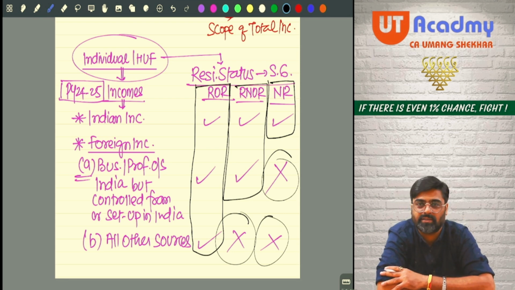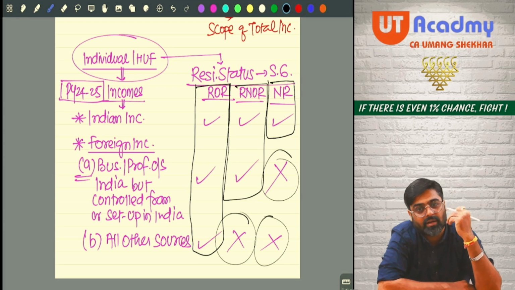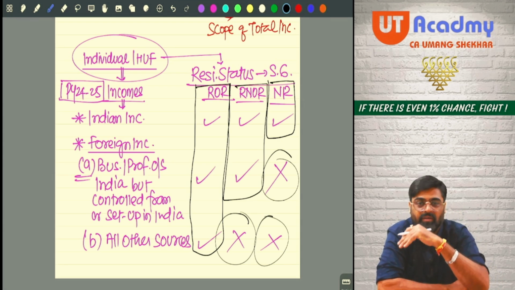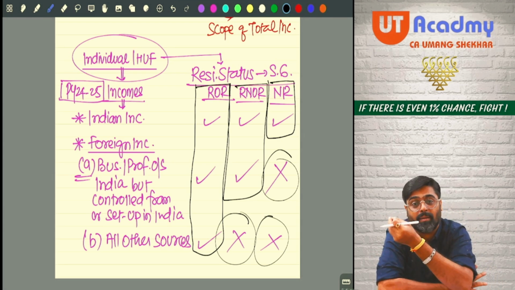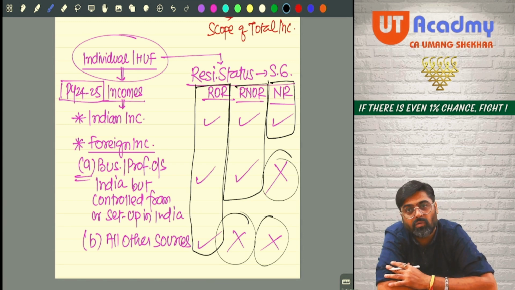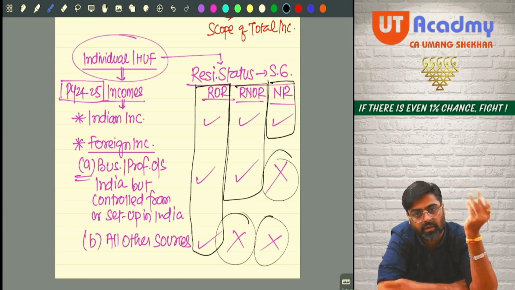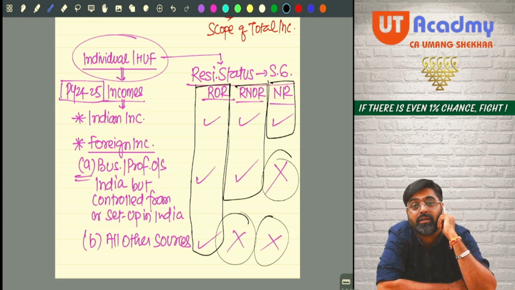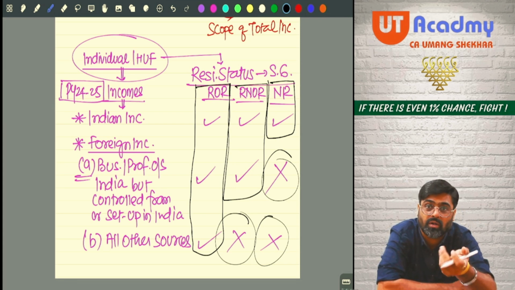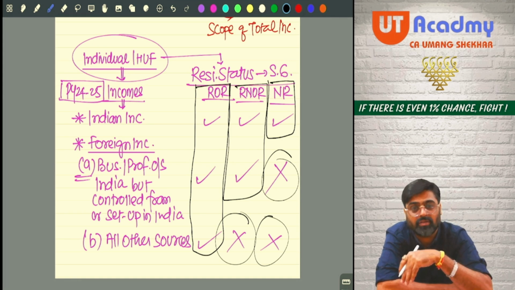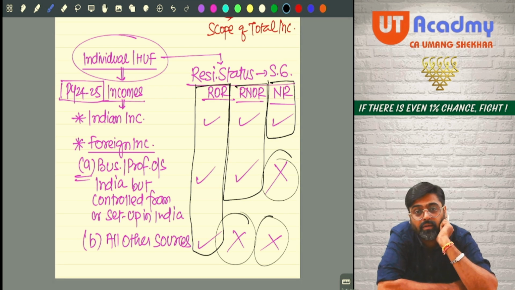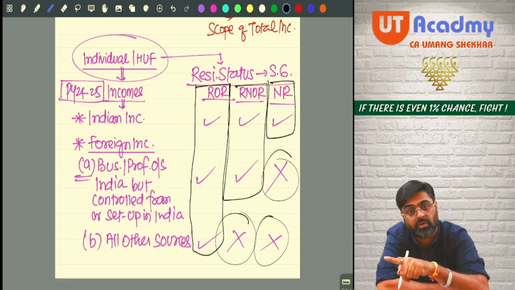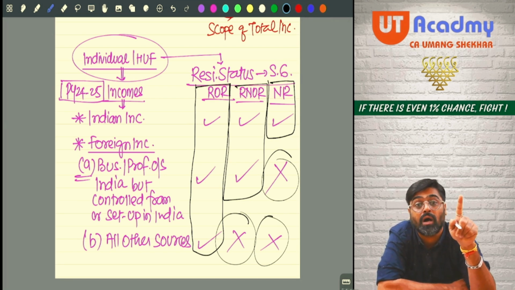Now come on, if you are earning foreign income part A during the previous year, what will you do? You will have to include that foreign income in the computation of your total income, if your status for this year was resident, ROR also, RNOR also. During the previous year, if you are earning any income which is foreign income part B, you will have to include that income also in the computation of your total income if your status is ROR.